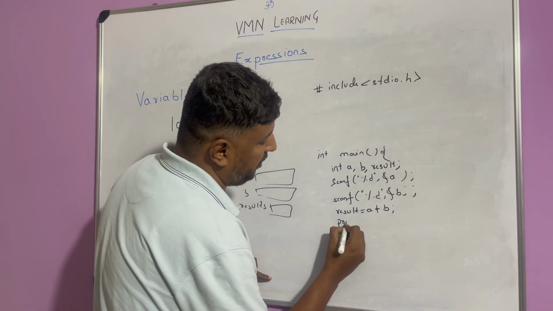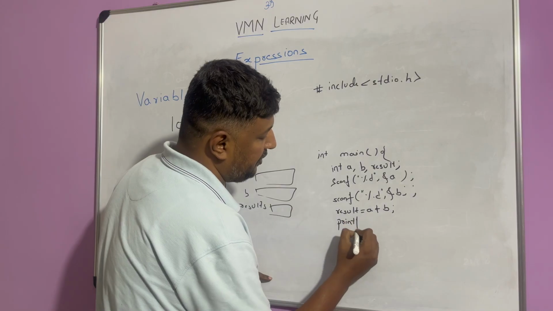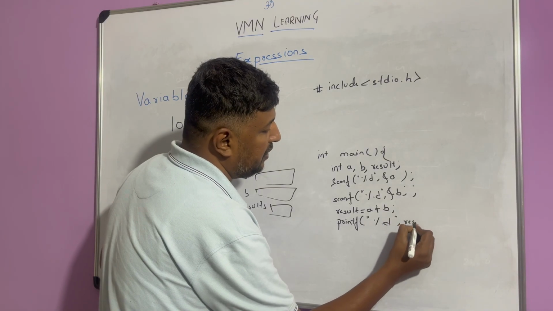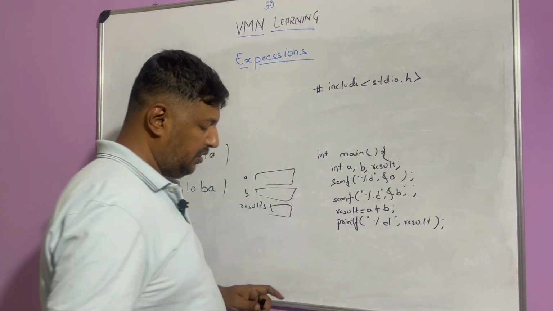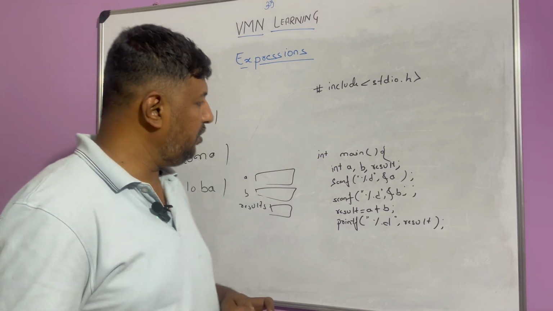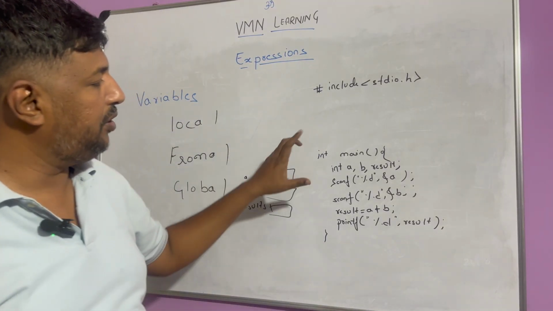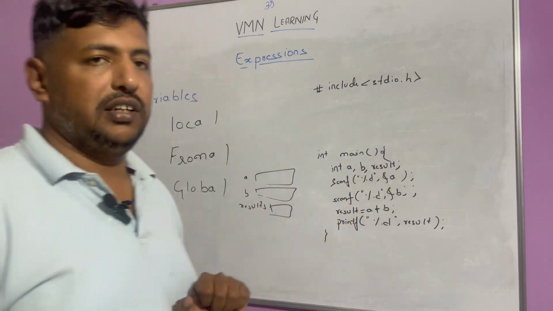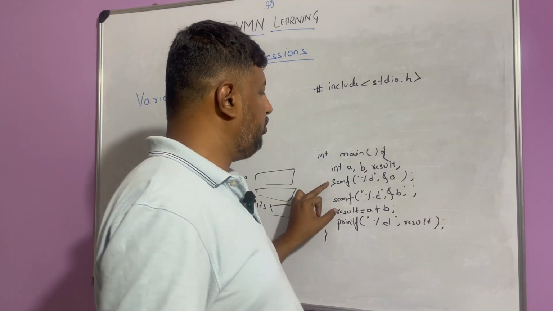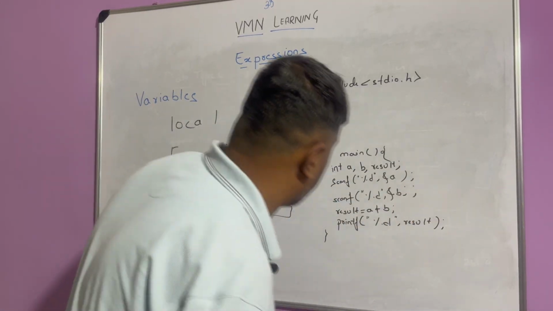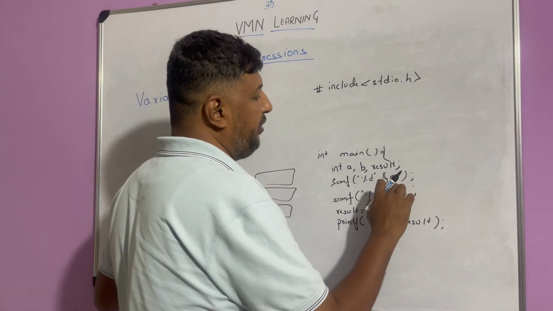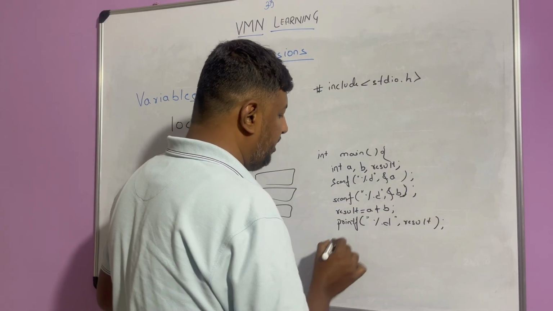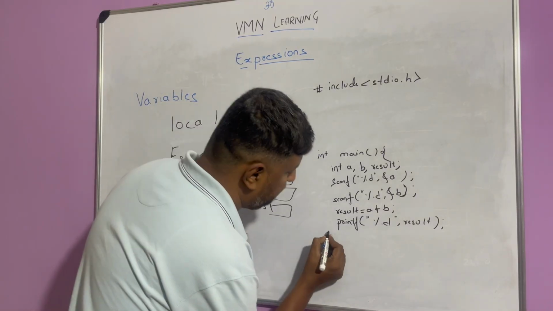Now I will print the result. This is a simple addition program. We are declaring three variables a, b, and result. First we take the a value from the keyboard, then the b value, then we add them and print the result.